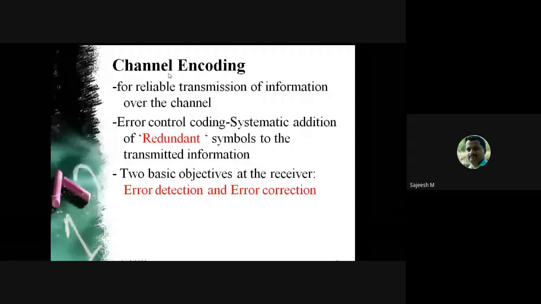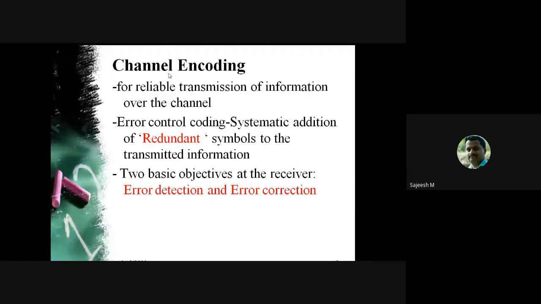Such channel encoding methods are widely called error control coding. Its function is to control the error. Error control means that with the code we can detect the error occurred during the transmission through the channel, and in some cases we are also able to correct that error.